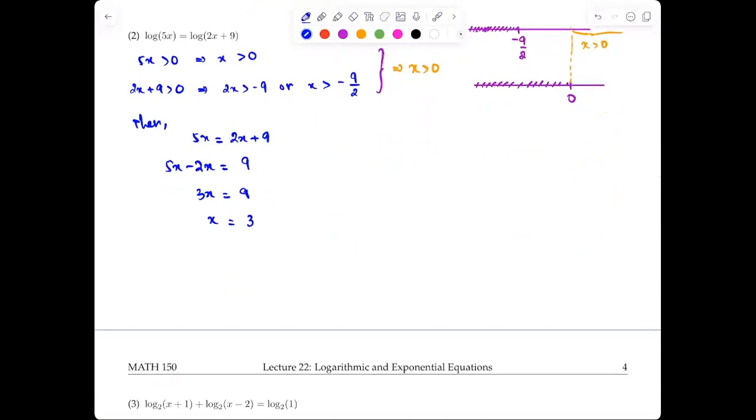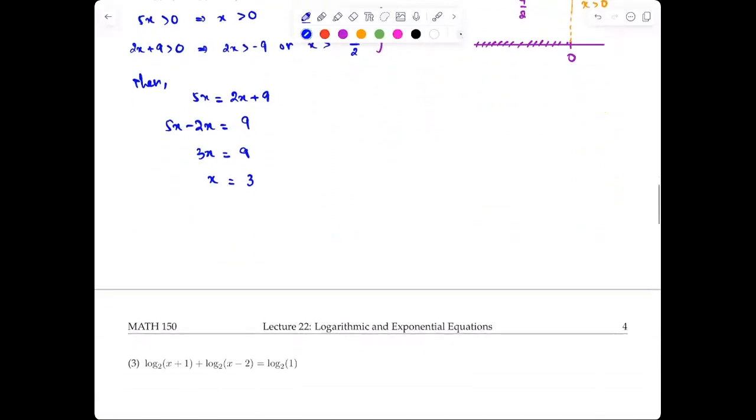And 3 is obviously greater than 0, so you conclude that the solution is x equal to 3. So since 3 is greater than 0, the solution is x equal to 3.